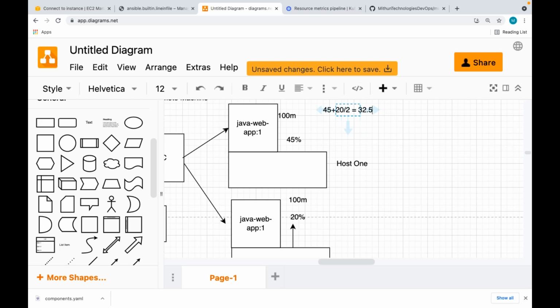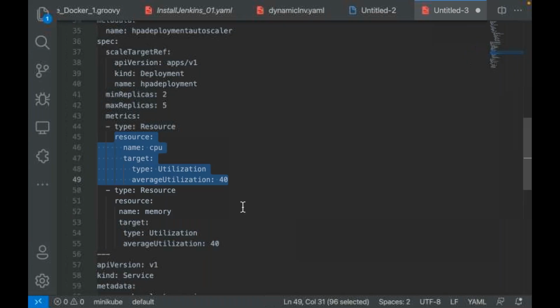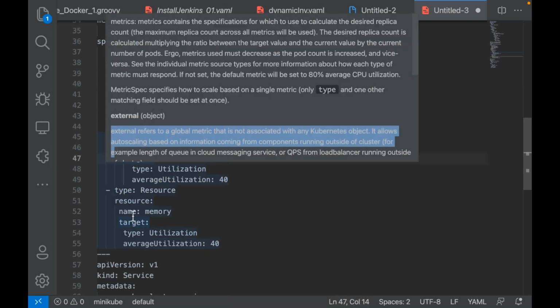Is it above this threshold, or is it below that threshold? It's below that threshold, so it will not scale. So it takes the average of your current replicas. Okay. Is everyone clear how it calculates the threshold?